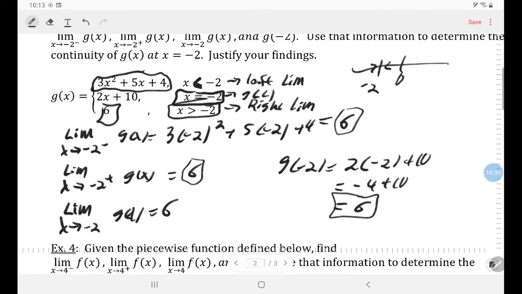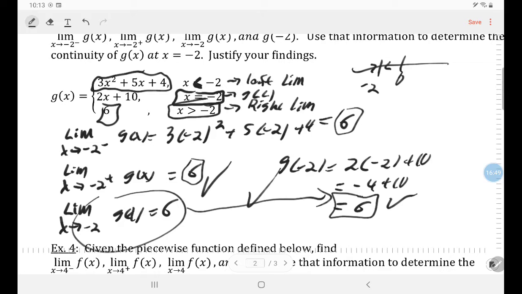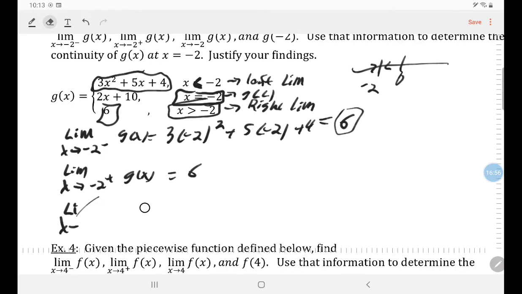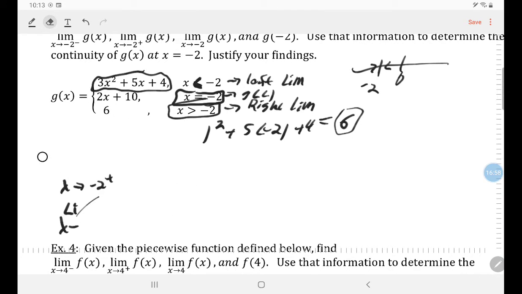So, criteria 1, does my limit exist? Check. Criteria 2, does f of whatever or g of c exist? Check. Criteria 3, is the limit the same as the value that you get from substituting in? Check on all 3 fronts. So what does that mean? Well, it means that function g of x is actually continuous at x equals -2.